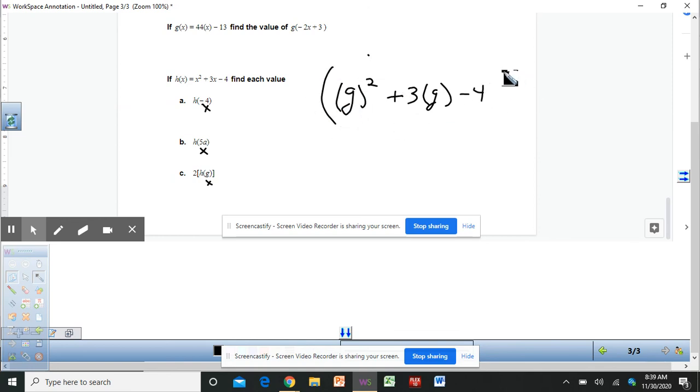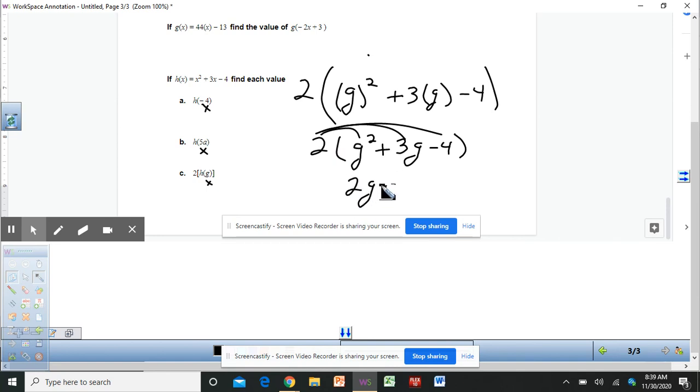I'm going to take that whole thing and multiply it by 2. So 2 times g squared plus 3g minus 4. I'm just going to distribute this 2 to everything now: 2g squared plus 6g minus 8.